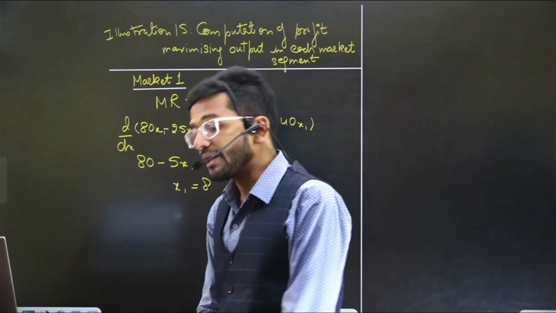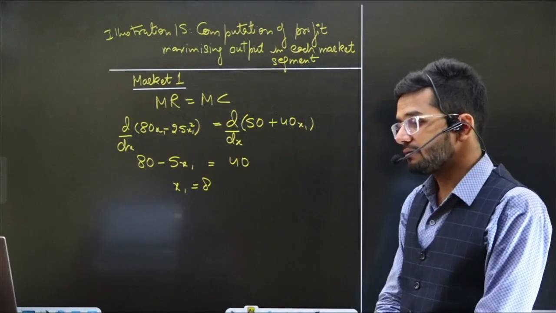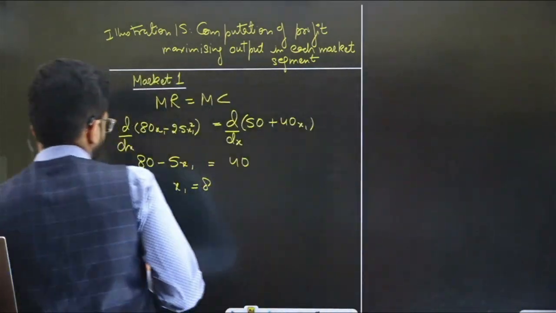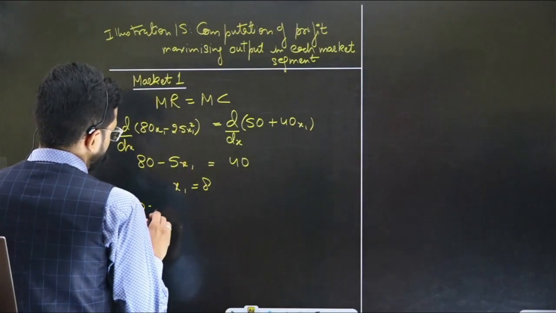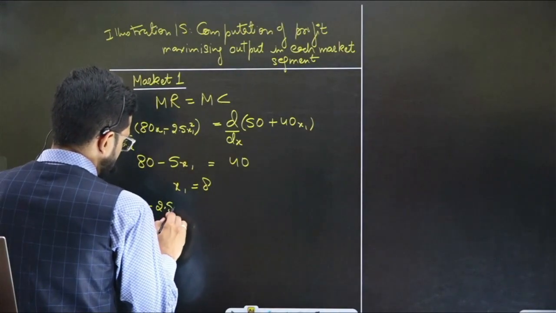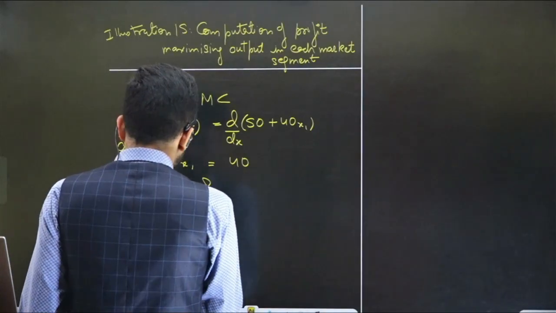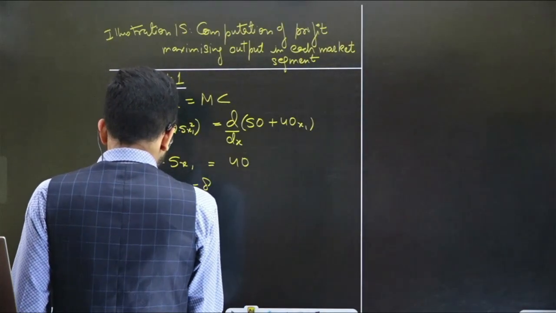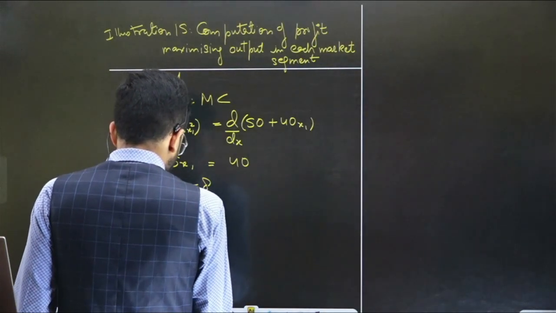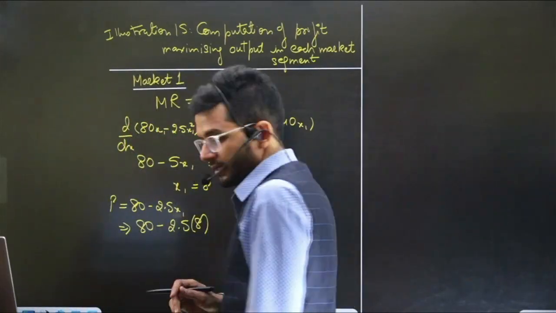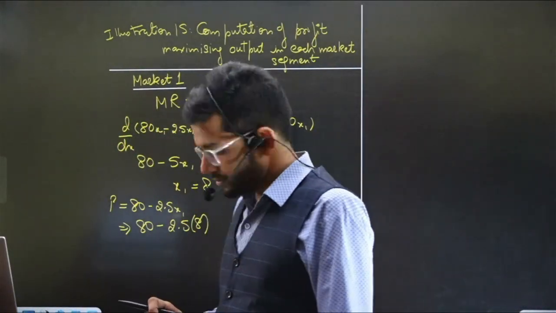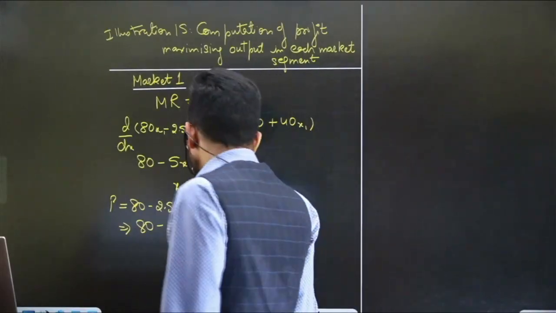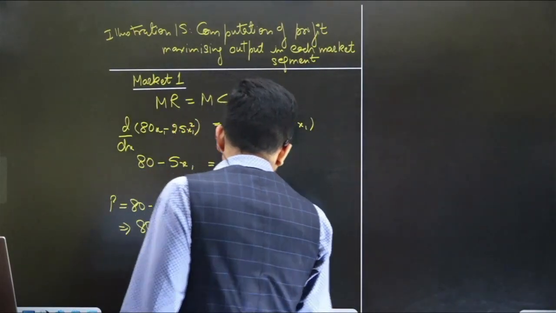Now let's compute the price of market 1. What will be the price at which the goods will be sold in market 1? The price is equal to 80 minus 2.5x1, which implies 80 minus 2.5 into 8. 2.5 into 8 is 20, so 80 minus 20 will be 60.